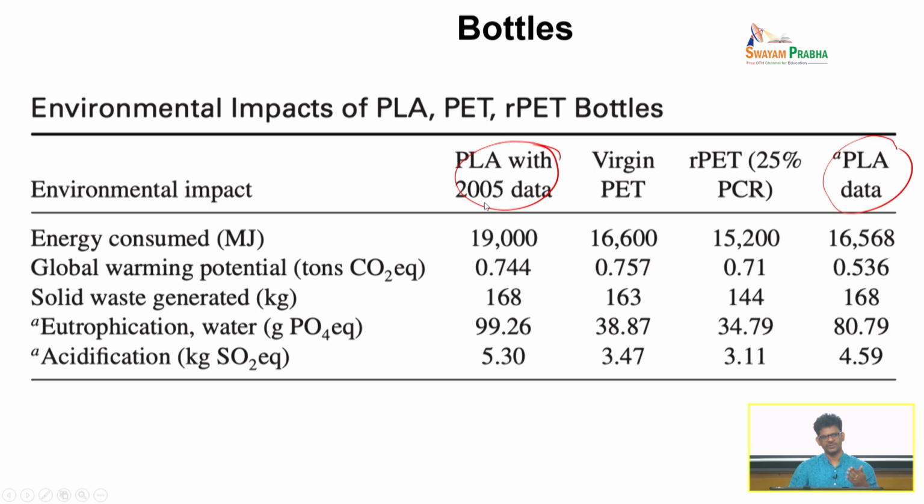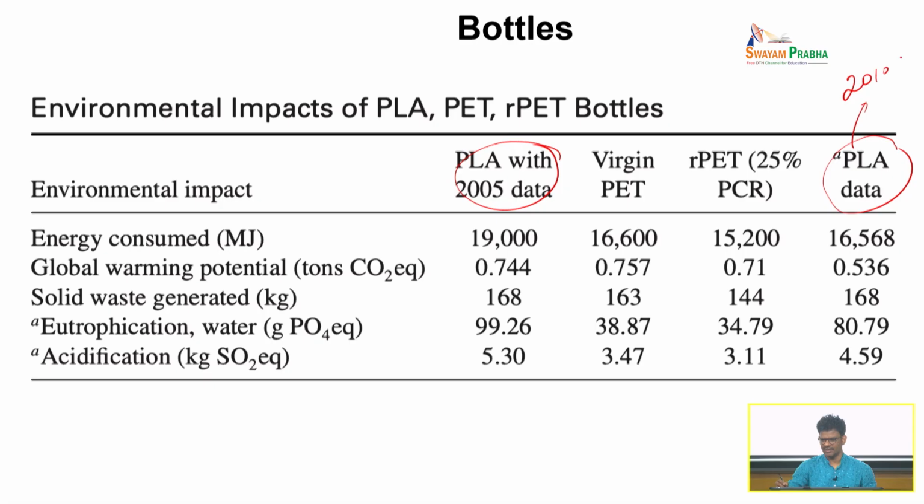A lot of process optimization happened, a lot of energy consumption was reduced, and a lot of modifications happened, and that led to a new set of data, I think from about 2010 or 11. So you can see there is a difference between the first column and the last column in all the quantities. Broadly, there is some sort of improvement from the 2005 data to the 2010 data.